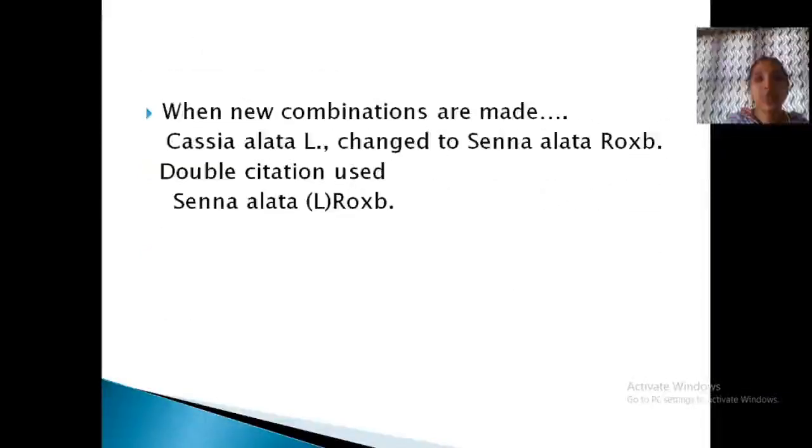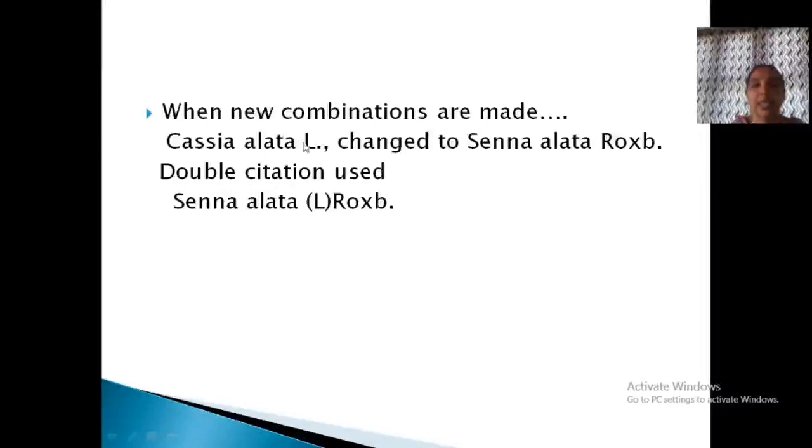Now, when new combinations are made, there are usually some examples. Some plants have already been named, but later some taxonomist studies them again and finds that some change in the name is more apt than the first one. Then what will we do? For example, Cassia alata was described by L., and this is the author citation.